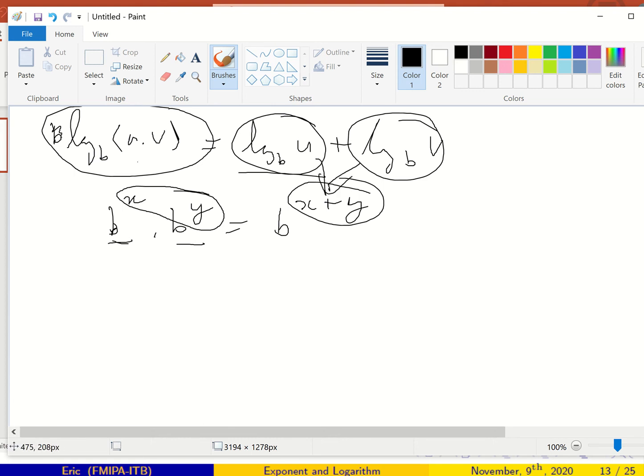So the exponent of the multiplication with base b equals the exponent of u plus the exponent of v with base b. This is just the same rule, but formulated in different language.